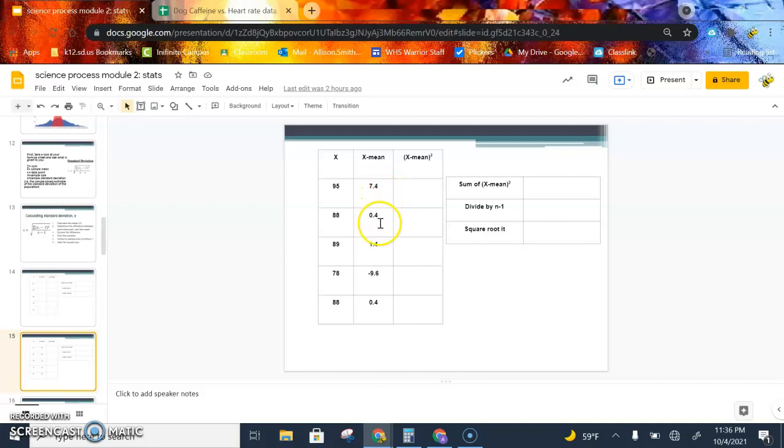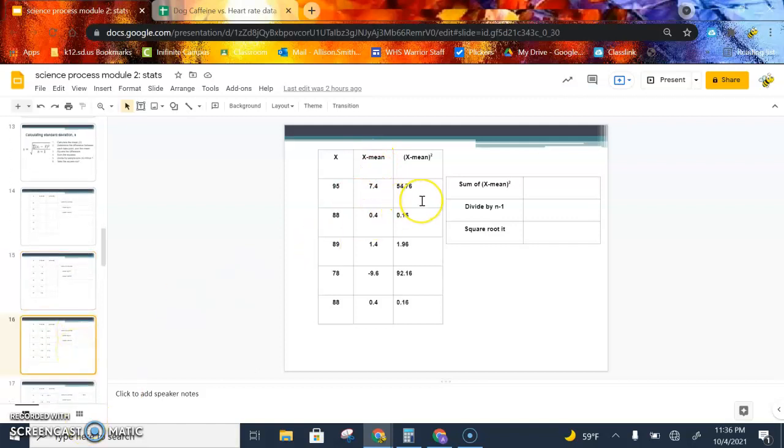So I went all the way down and did that, subtracted the mean from each of these dogs' heartbeats for all 5 dogs. The next step that I'm going to have to do is square this difference. And so 7.4 squared is 54.76. 0.4 squared is 0.16. Over here we had a negative number, but anytime you square negatives, it ends up with a positive. So you're going to have all positive numbers over here on this column.